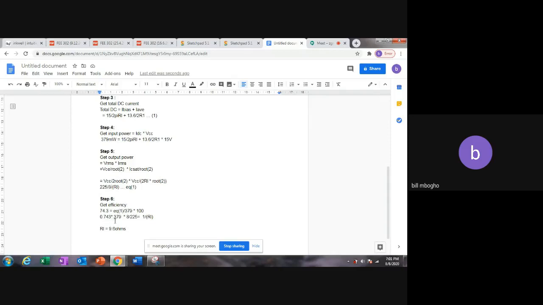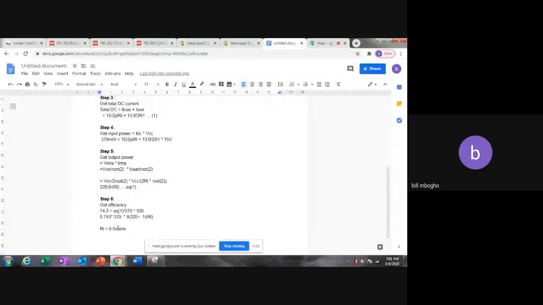Then we come here: 0.743 times 379 times 8 over 225 is going to give us 1 over RL. So RL becomes a very small value, 0.641. No, something seems to be off.